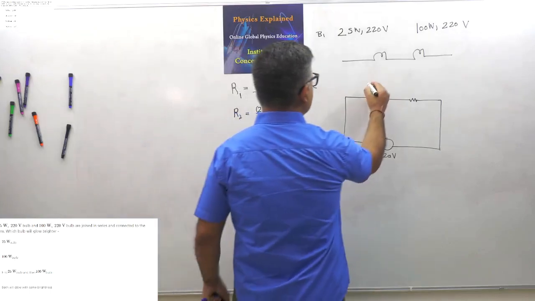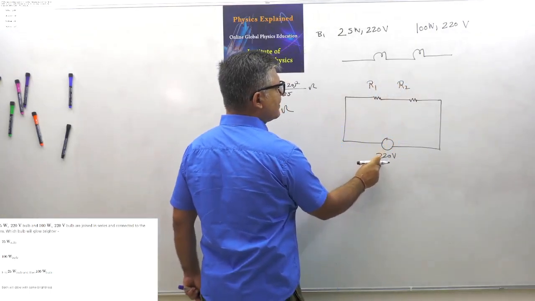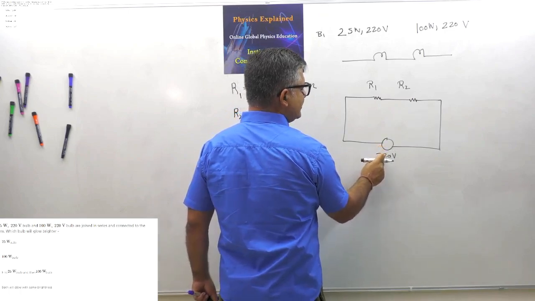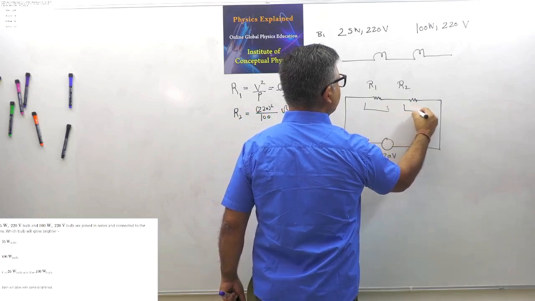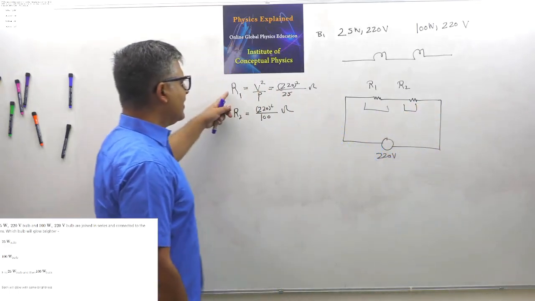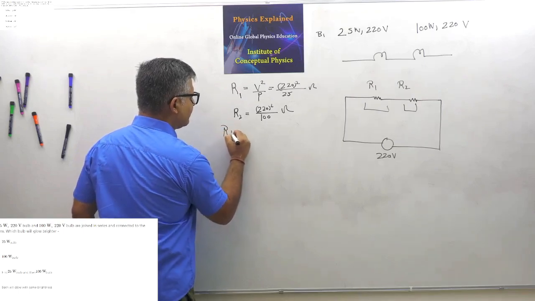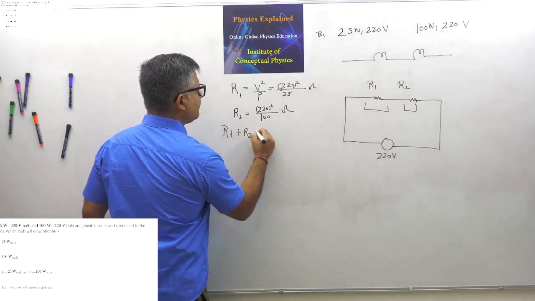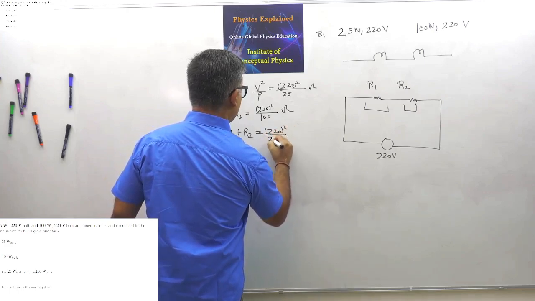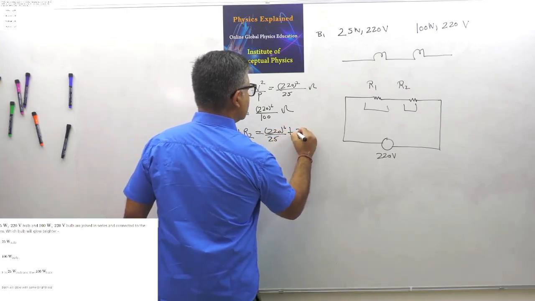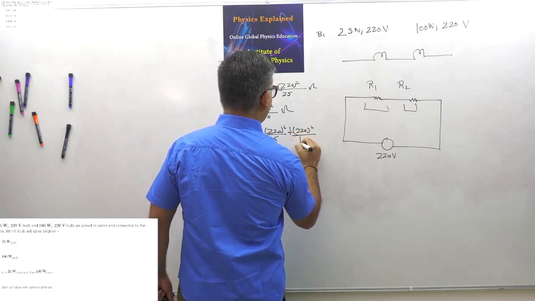Now this is R1 and this is R2, and therefore this voltage will get split across the two resistors. We know the value of the resistors, they're in series, so the total resistance is R1 plus R2, equal to 220 square divided by 25 plus 220 square divided by 100.